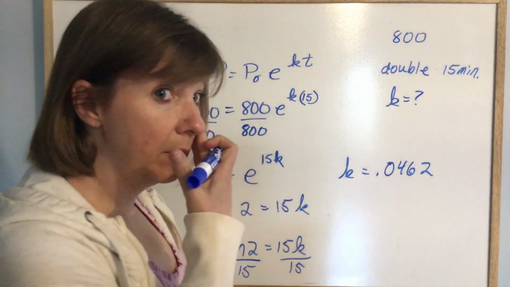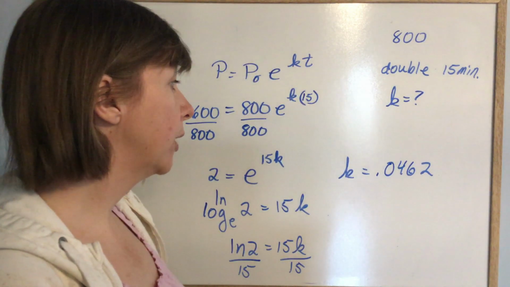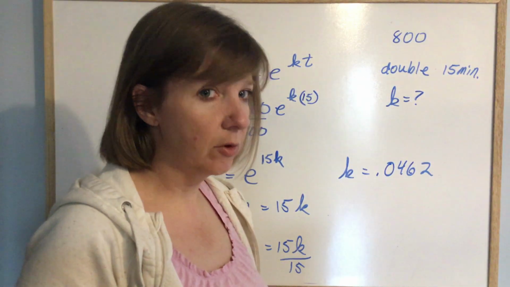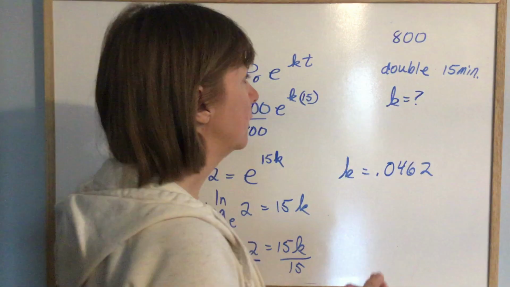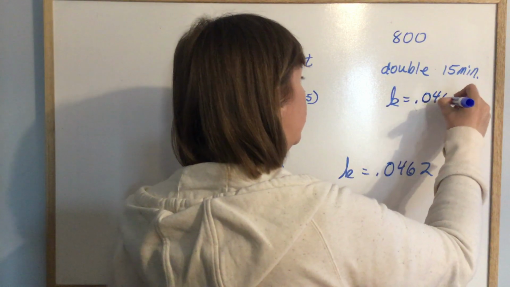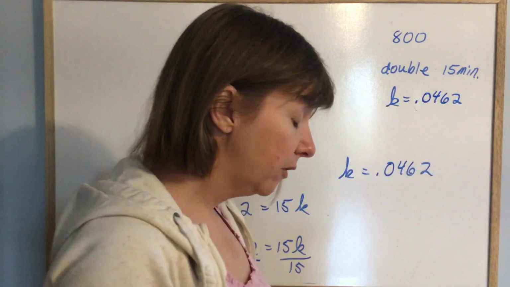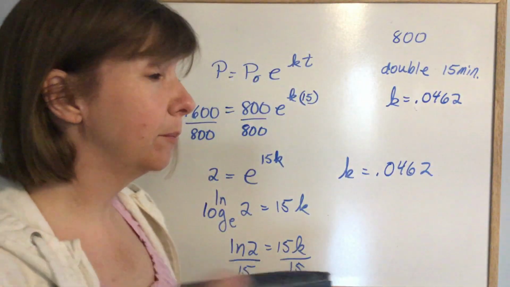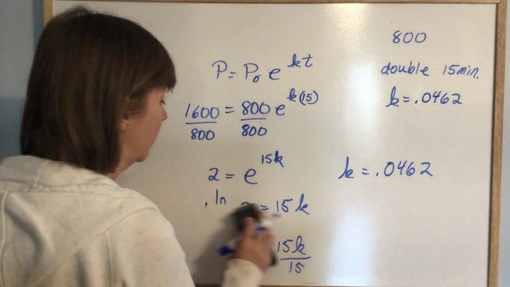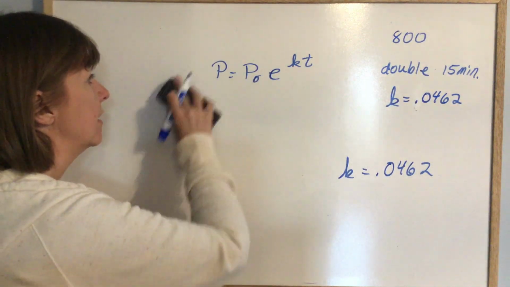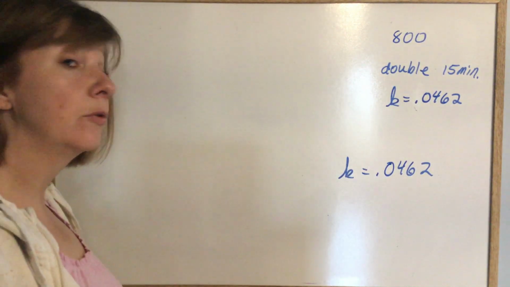So what that actually means is that the algae is growing by 4.62% every minute. Seems like a lot to me. So our k is 0.0462. In the first part, when it says come up with a generic formula, now that we know what k is, we can give one.